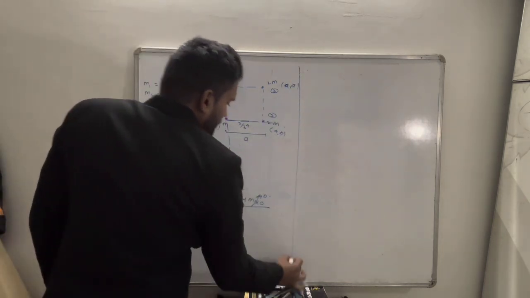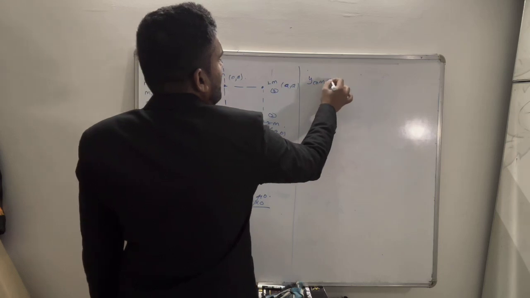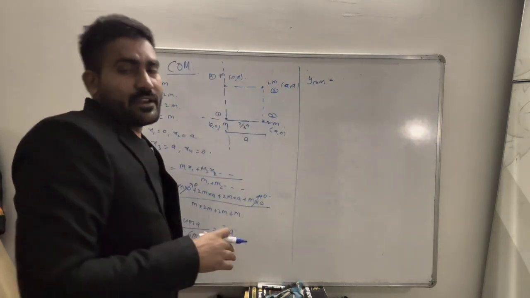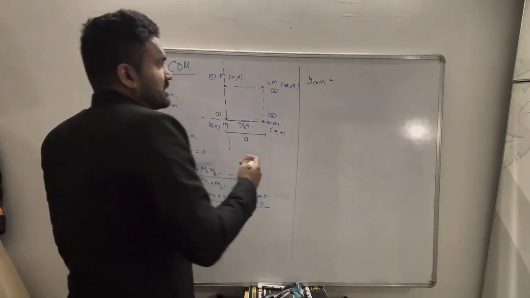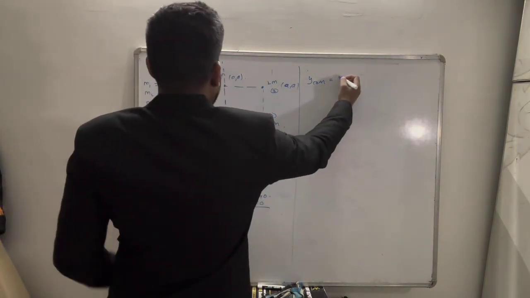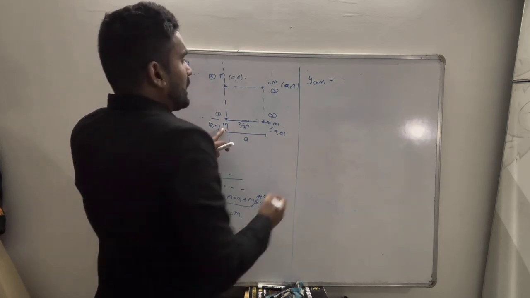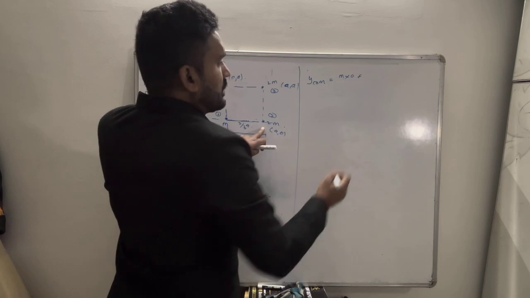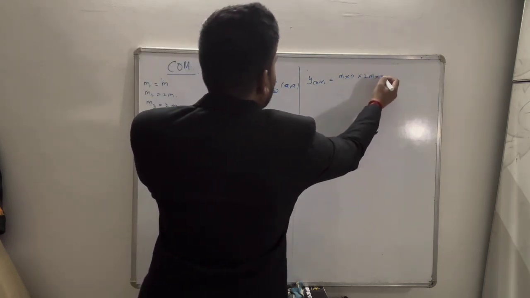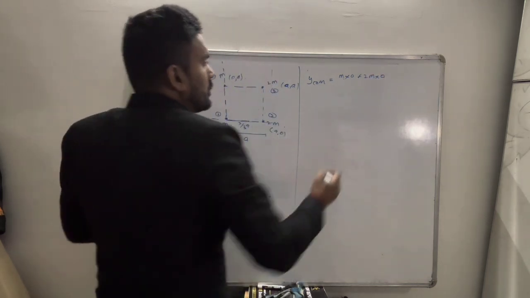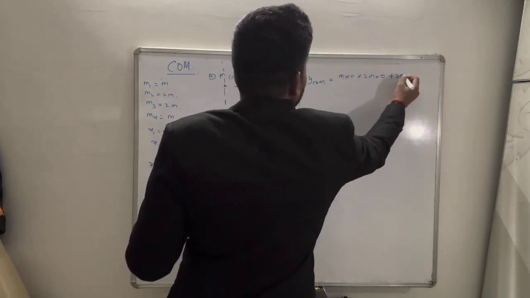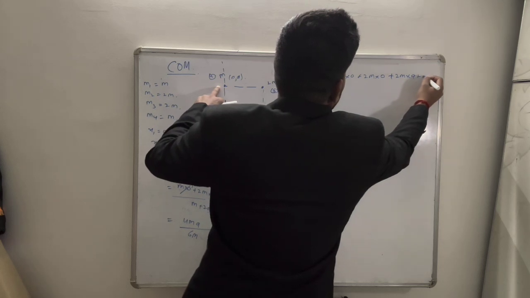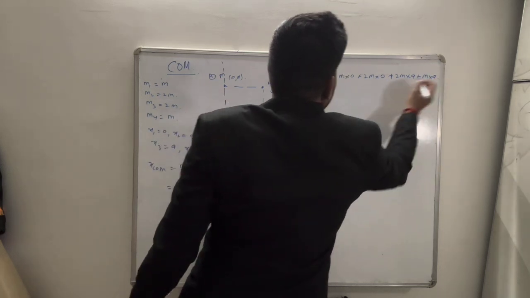So let's find the y coordinate, the y center of mass. So m1 y1 plus m2 y2 plus m3 y3 plus m4 y4, right? Now let's understand. m1 is m, and y1 is 0, plus m2. m2 is 2m, and y2 is also 0, plus m3. m3 is 2m, and y3 is a, and plus m4 into a, right?